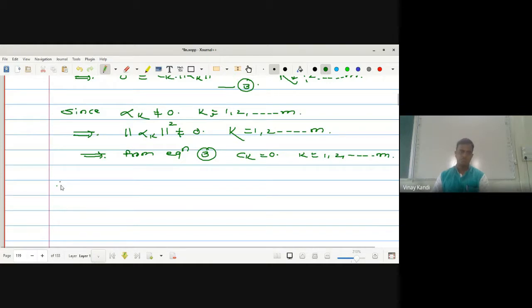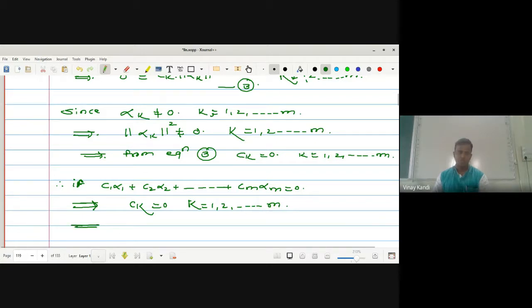Therefore, if the linear combination is 0, then each and every scalar involved in it is 0. That is, if C1 alpha 1 plus C2 alpha 2 plus up to Cm alpha m is equal to 0, that implies Ck is equal to 0, where k running from 1 to m.